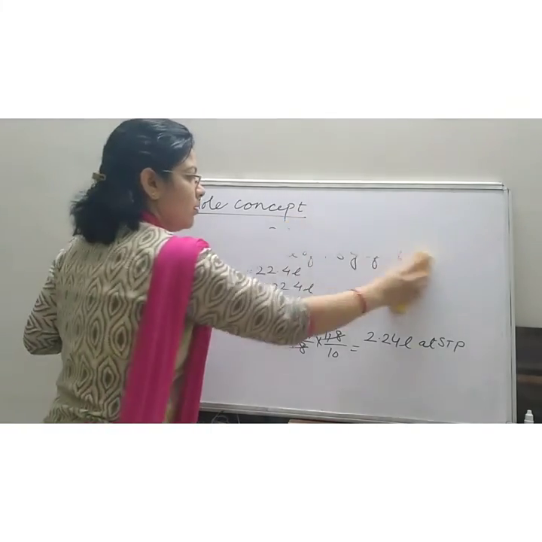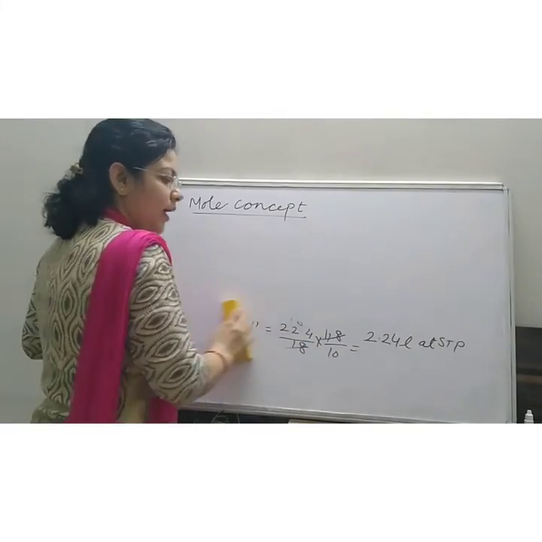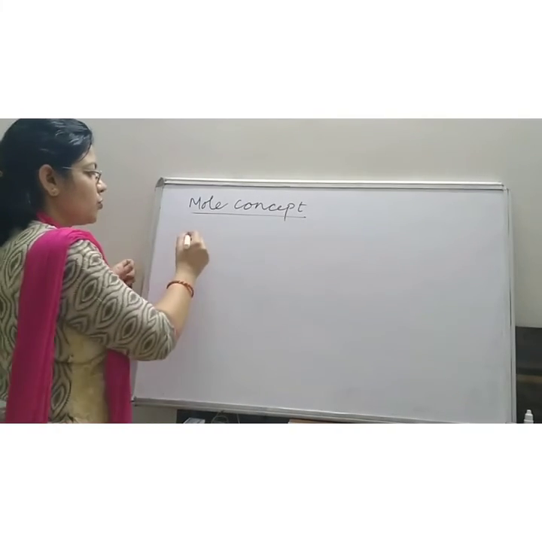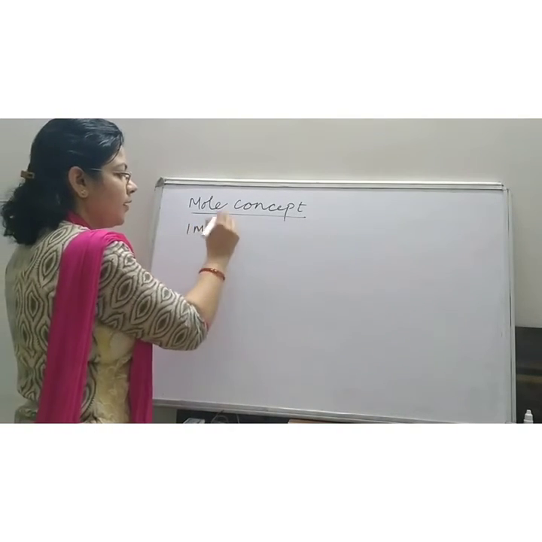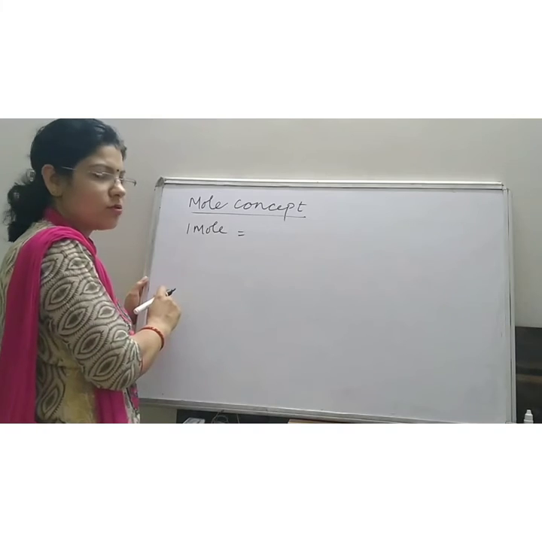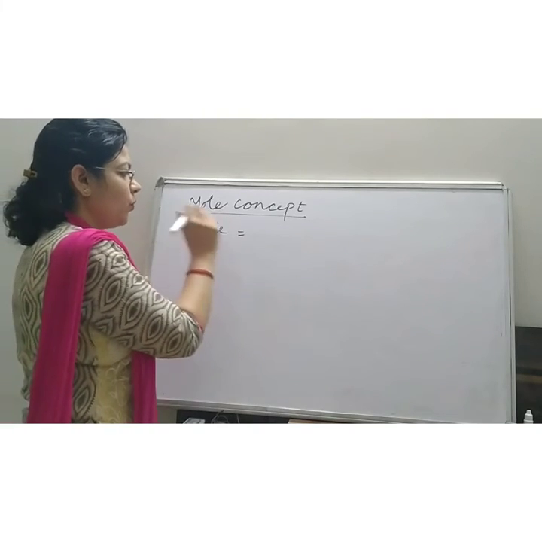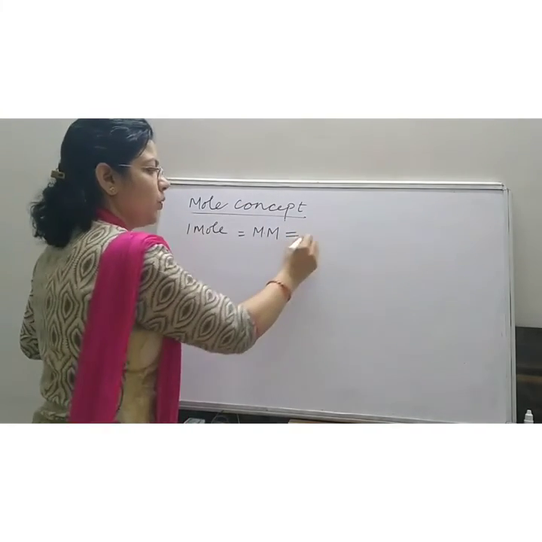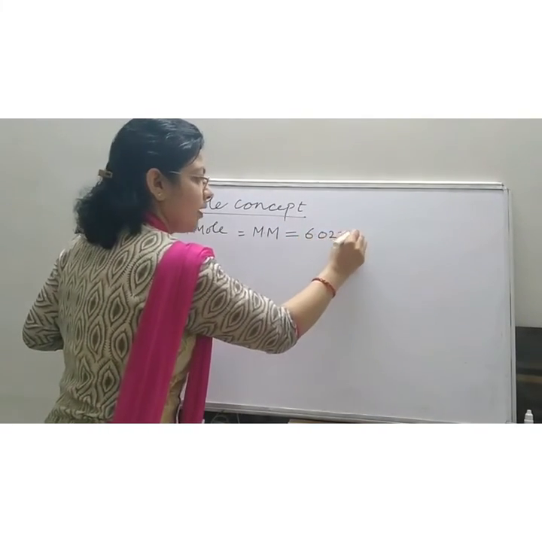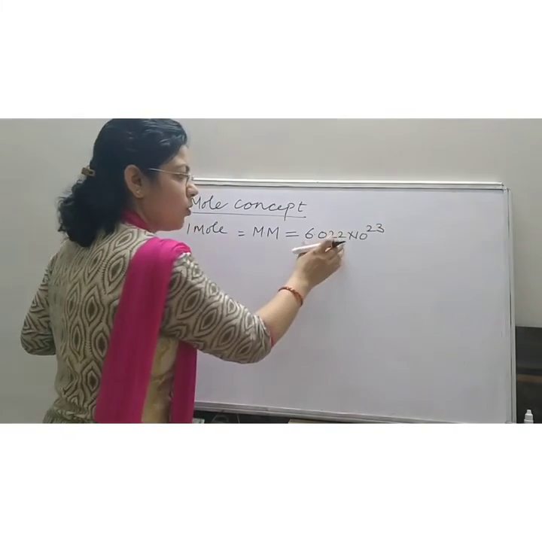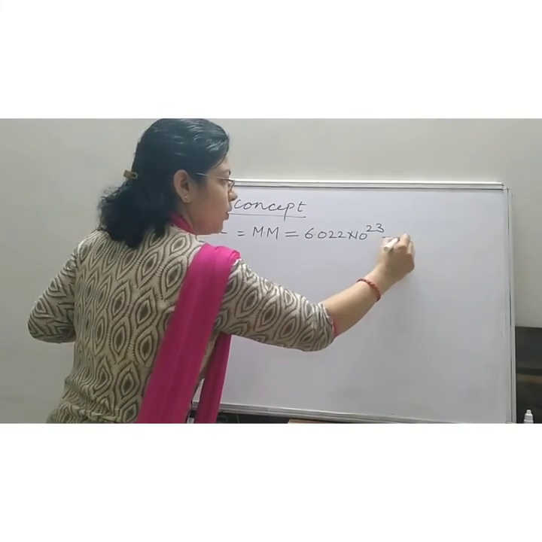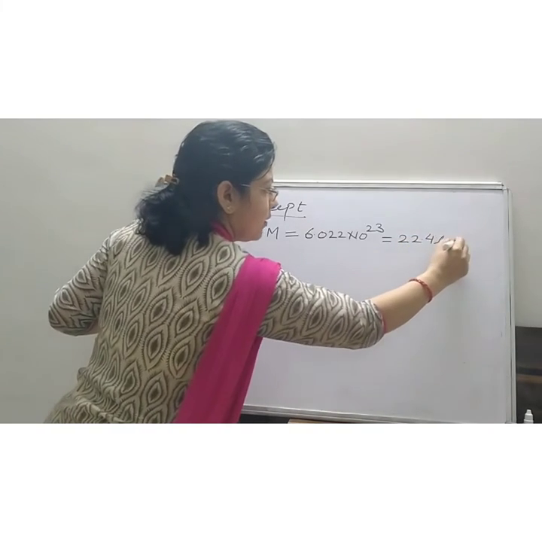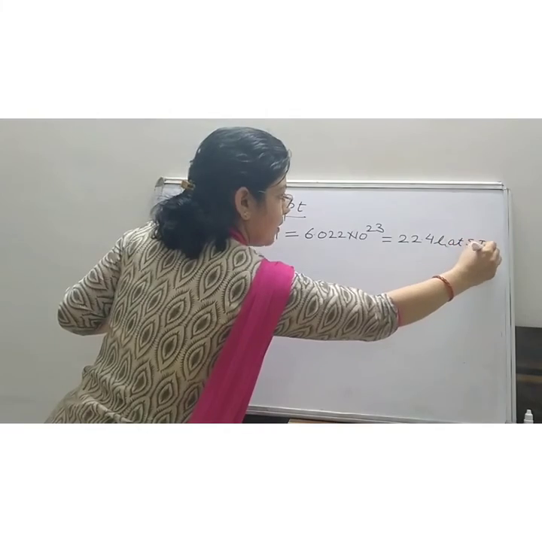This is all about the mole concept. It means 1 mole can be defined in terms of mass, in terms of volume, and in terms of number of particles. So we can write here 1 mole is equal to its molecular mass, or it is equal to 6.022 into 10 raised to power 23 particles or Avogadro number, or it is equal to 22.4 liters at STP.